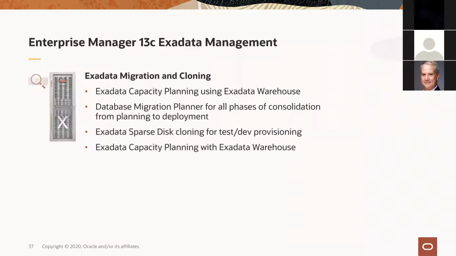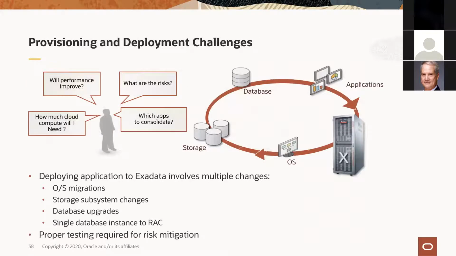The next part we're going to talk about is the Exadata migration and cloning capabilities. When you're moving from your on-prem system, and also from a non-Exadata system, to an Exadata system, it quite commonly involves moving several databases and consolidating those databases.